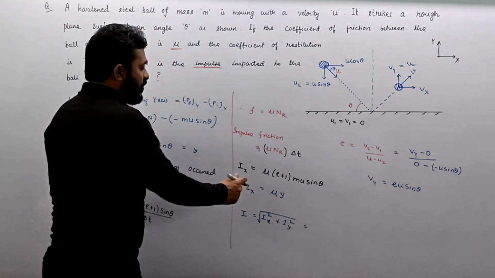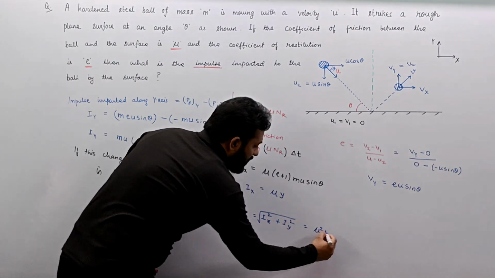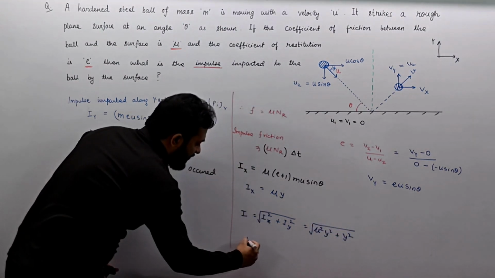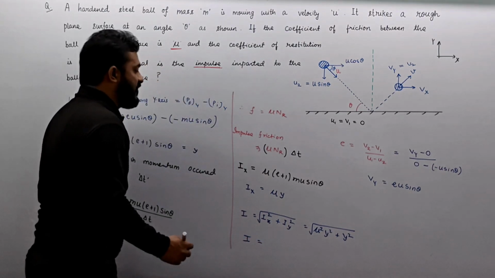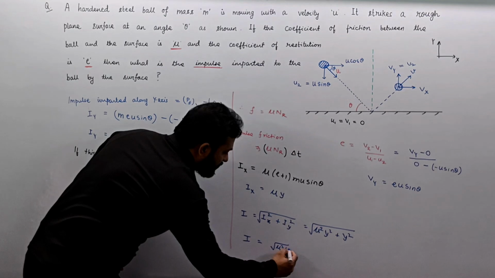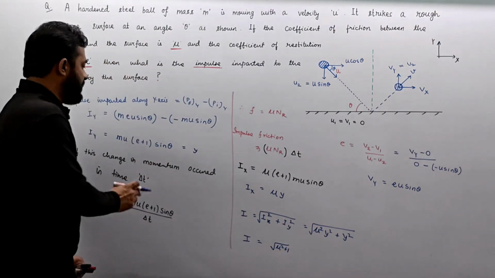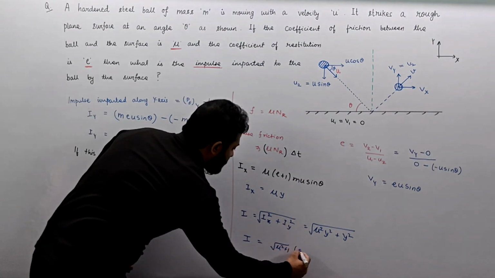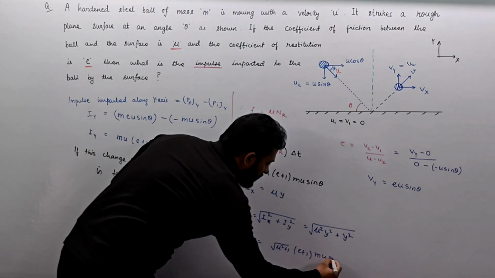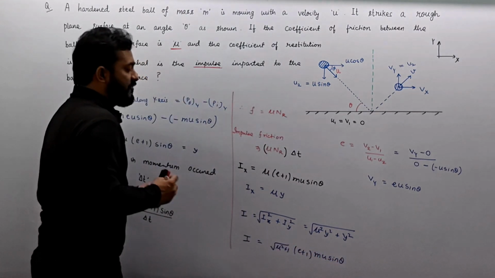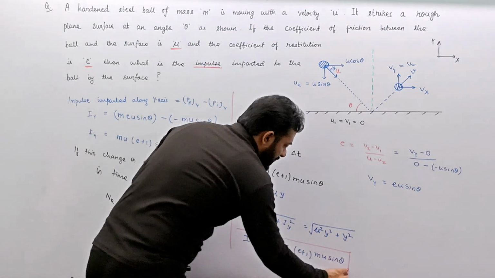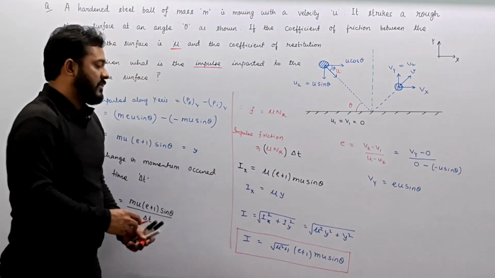Therefore we write it as the square root of mu square y square plus y square, and the final answer for the magnitude of impulse is equal to root over mu square plus 1 times y, where y is equal to (e plus 1) sin theta. So this is the final answer we are looking for: root over mu square plus 1 times (e plus 1) sin theta.